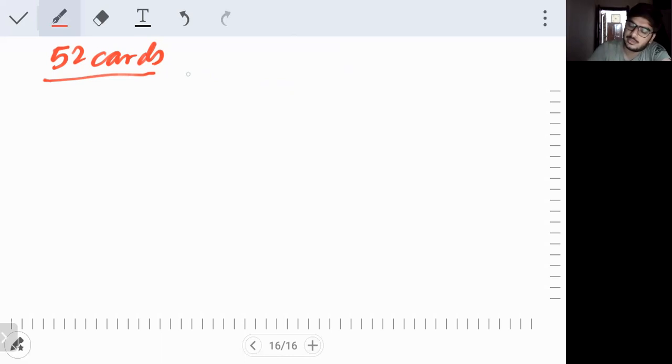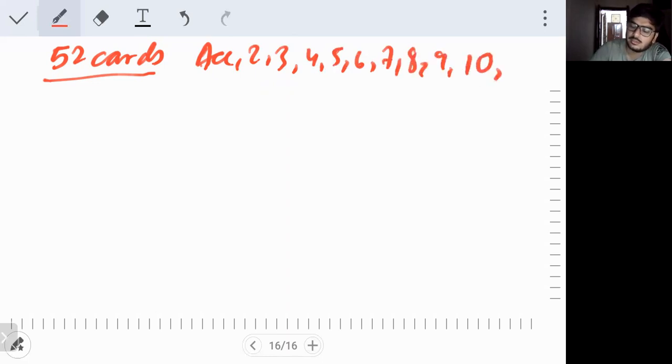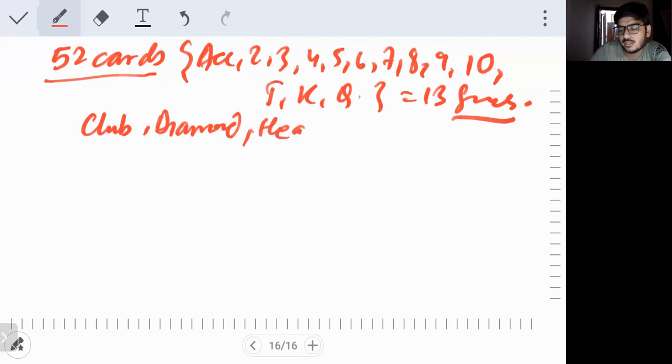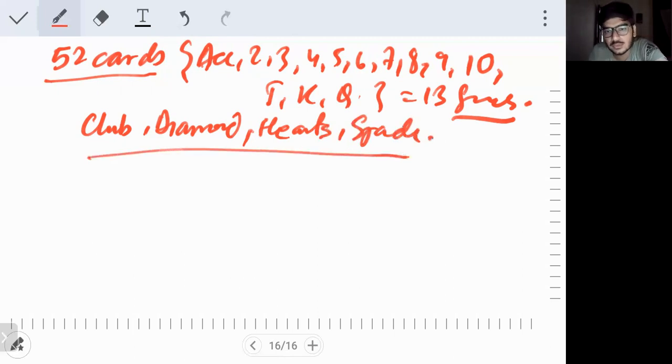You know it: ace, 2, 3, 4, 5, 6, 7, 8, 9, 10, and there is a jack, queen, and king. 13 faces are there in 4 different suits: club, spade, diamond, and heart. These are the 4 different suits.